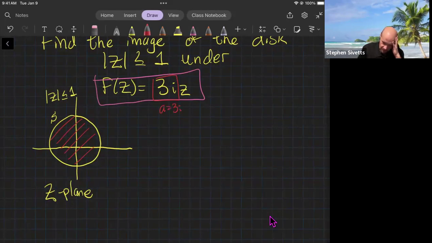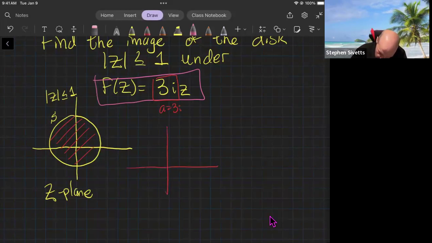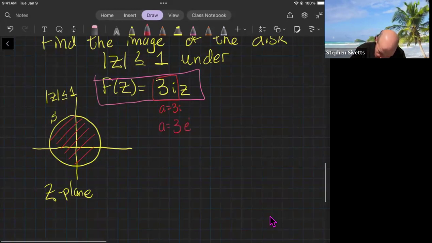What we want to do is transform a into polar coordinates. To write this out in polar coordinates, remember 3i is a point on the positive y-axis, right here in the complex plane. So in polar form, a is equal to 3 times e to the i times pi over 2.